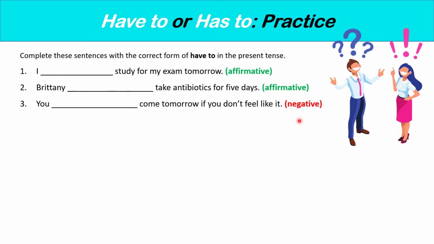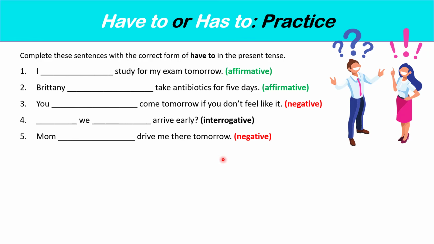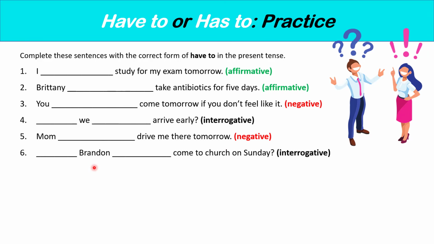Number 3, you come tomorrow if you don't feel like it. Number 4, we arrive early. This one put in the interrogative form. Number 5, Mom, drive me there tomorrow. Number 6, Brandon, come to church on Sunday.